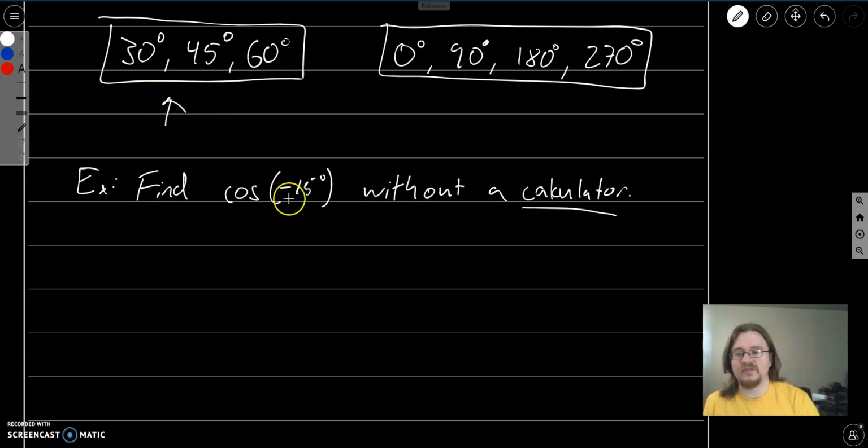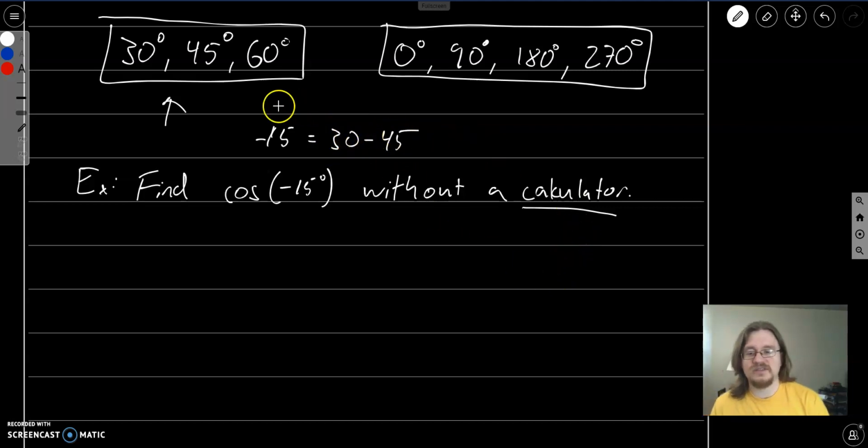And what we'll notice is that a lot of these right here have differences of 15 degrees. So I could make negative 15 by, say, taking 30 minus 45. So this is one way of writing negative 15.